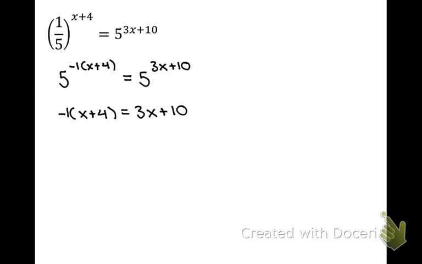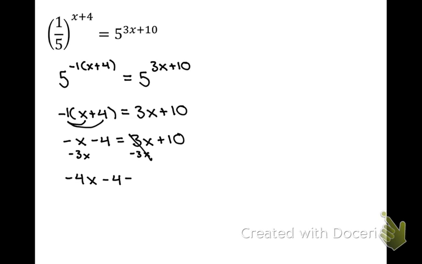All right, over on that left-hand side, this is really -x - 4 = 3x + 10. Let's move that 3x over to the left. We get -4x - 4 = 10. We're going to move that 4 over to the right.